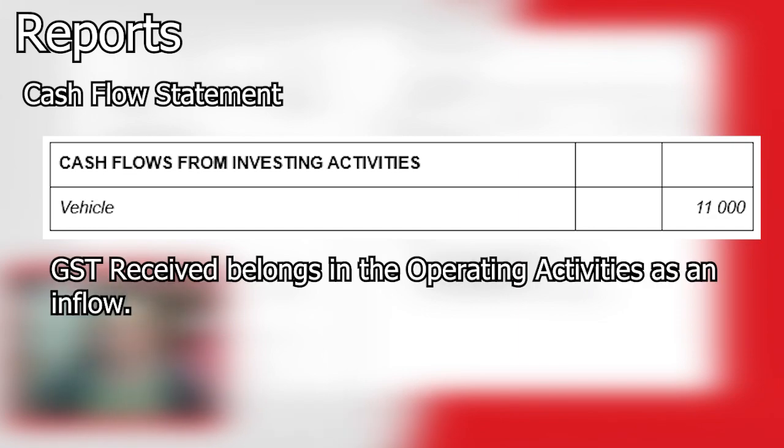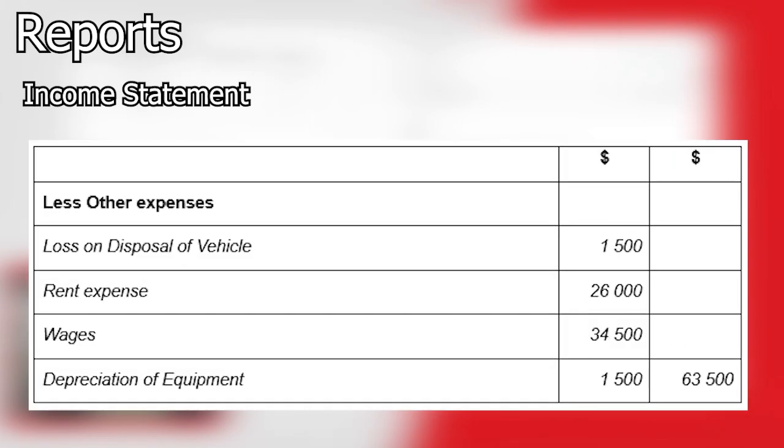Now, if we have a look, we can see the cash flow statement. This will be an inflow of $11,000. The GST would go in the operating section as per normal. So this time cash is affected, and then for the income statement, the loss would go in other expenses. You can see here, less other expenses, loss on disposal of vehicle, $1,500.